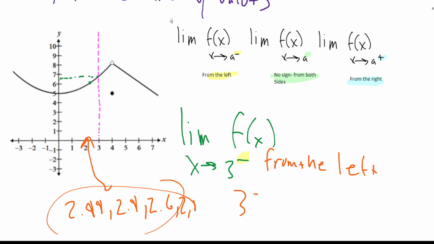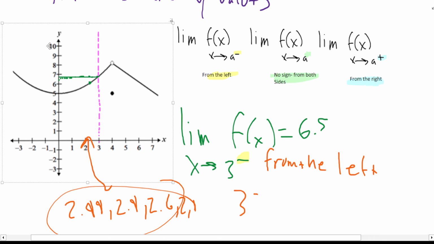I'll guesstimate that it's like 6.5 or something. Yeah, we'll say it's like 6.5. So we'll say the limit of f of x as it approaches 3 minus, which is from the left, the y value there is going to be equal to 6.5.